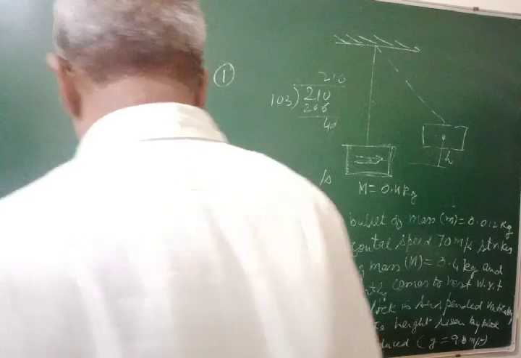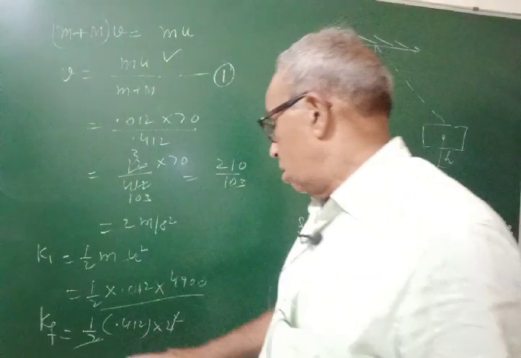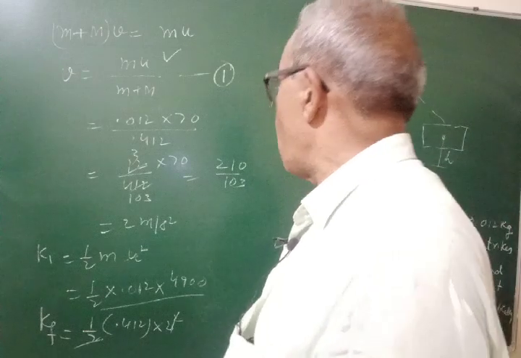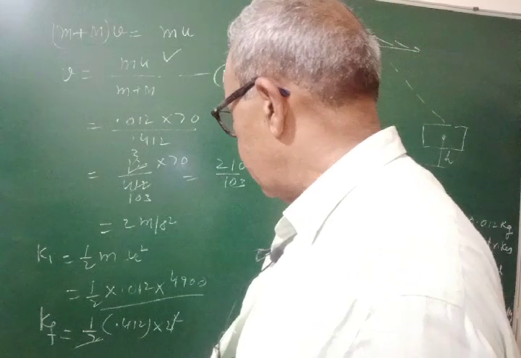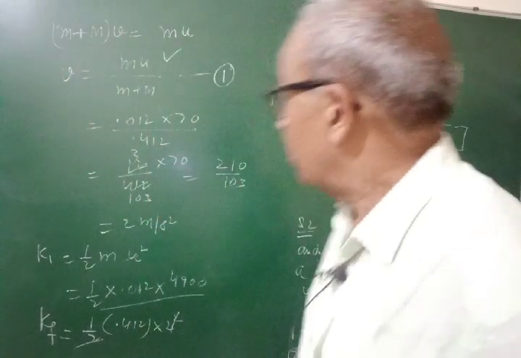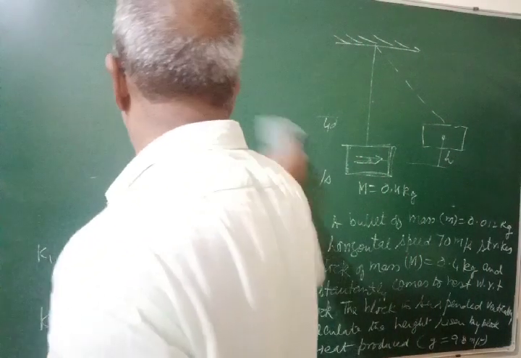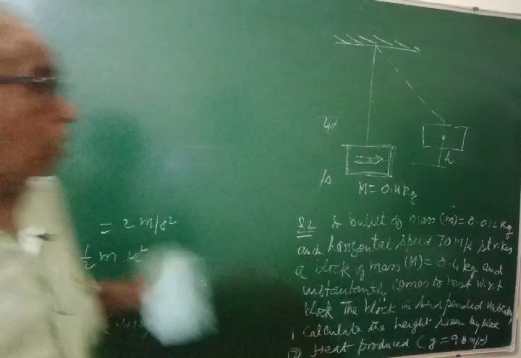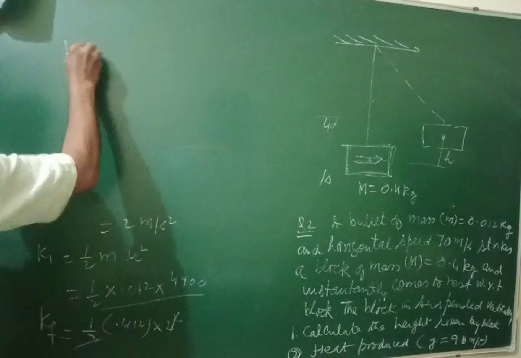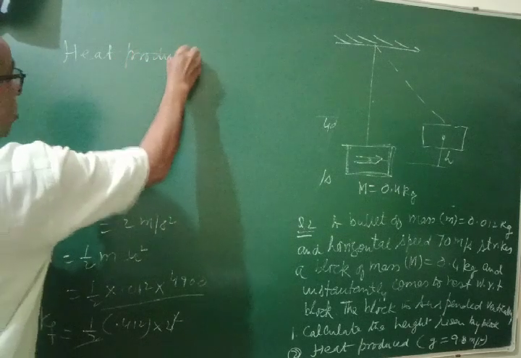And by loss of energy, how much heat will be produced? This minus initial energy, we take this minus this. So the loss of energy is the heat produced. Heat produced is equal to Ki minus Kf.